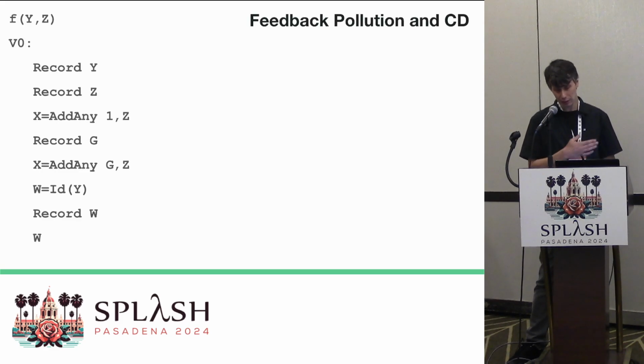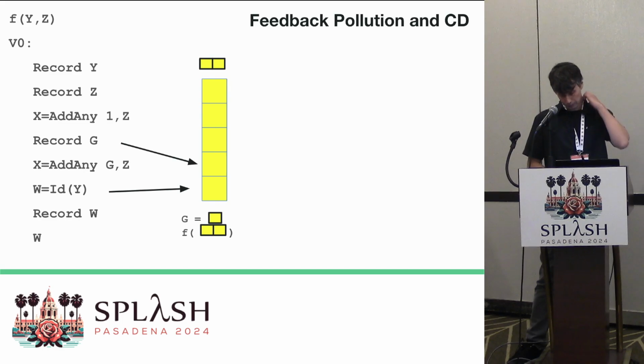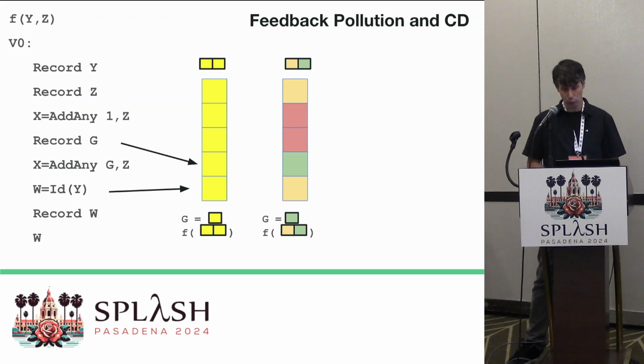So let's revisit the last example with this new lens. We call F with the yellow context. We create a new feedback vector for it. We fill it in. Then we call it with a different call context. We create another feedback vector, and so on and so forth.